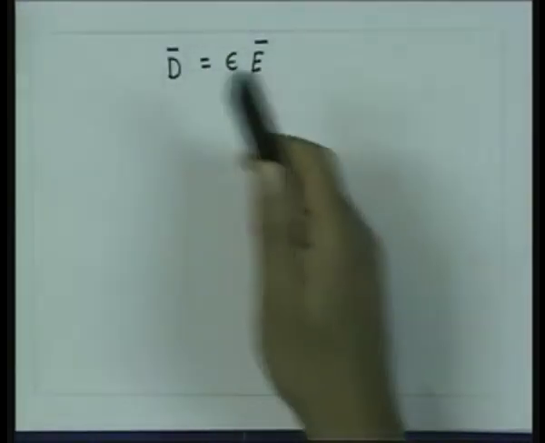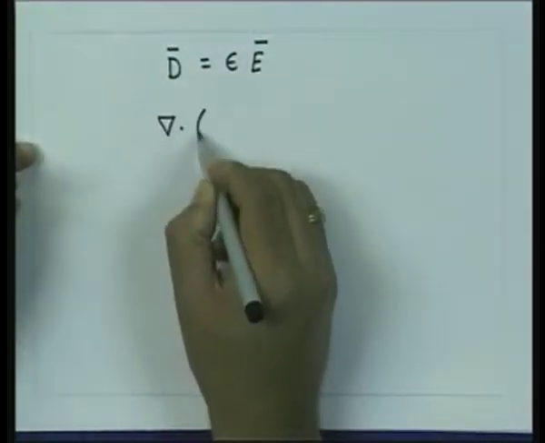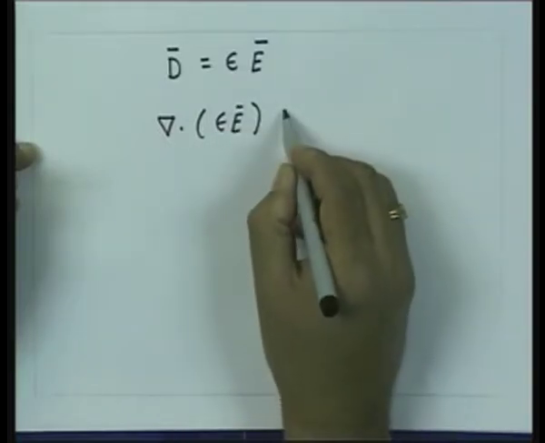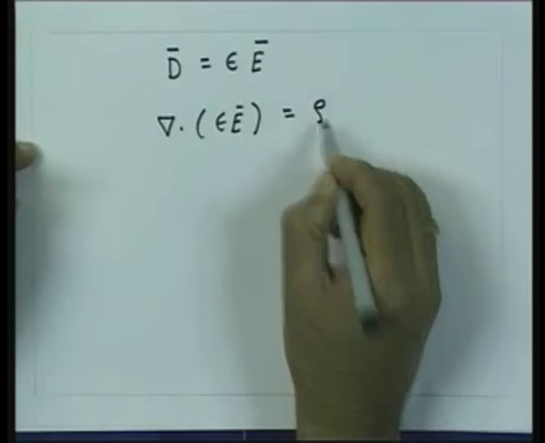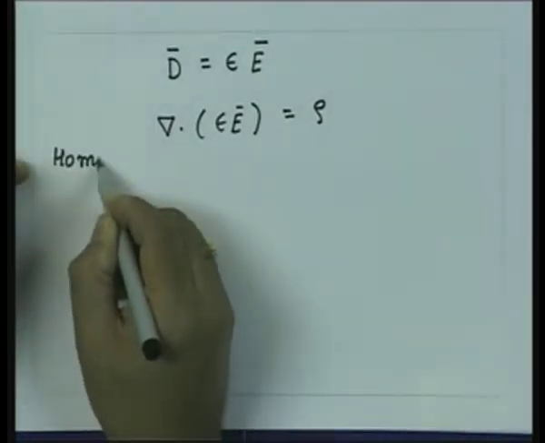So, the Gauss law can be written as del dot of epsilon E is equal to rho for a homogeneous medium.